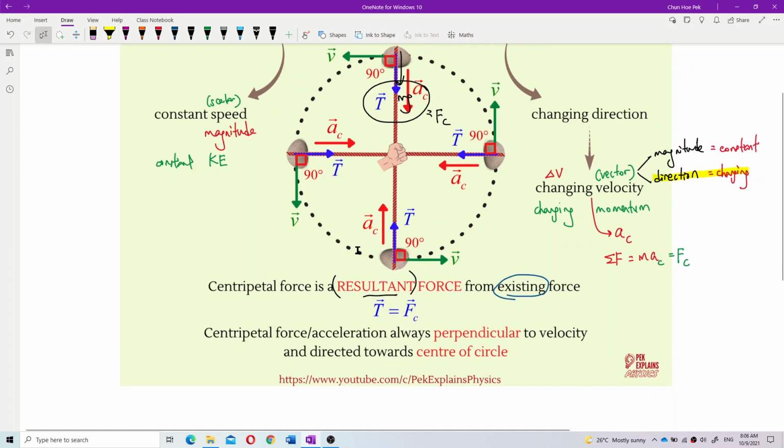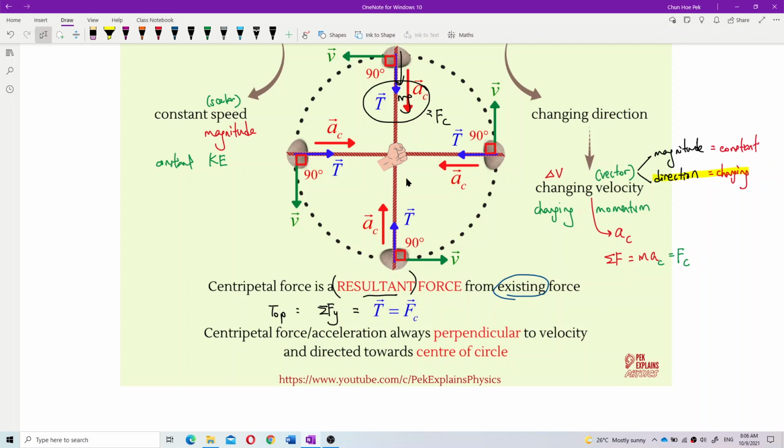So for example, at the top position, the resultant force in the y component is the tension. I'm talking about the top position.